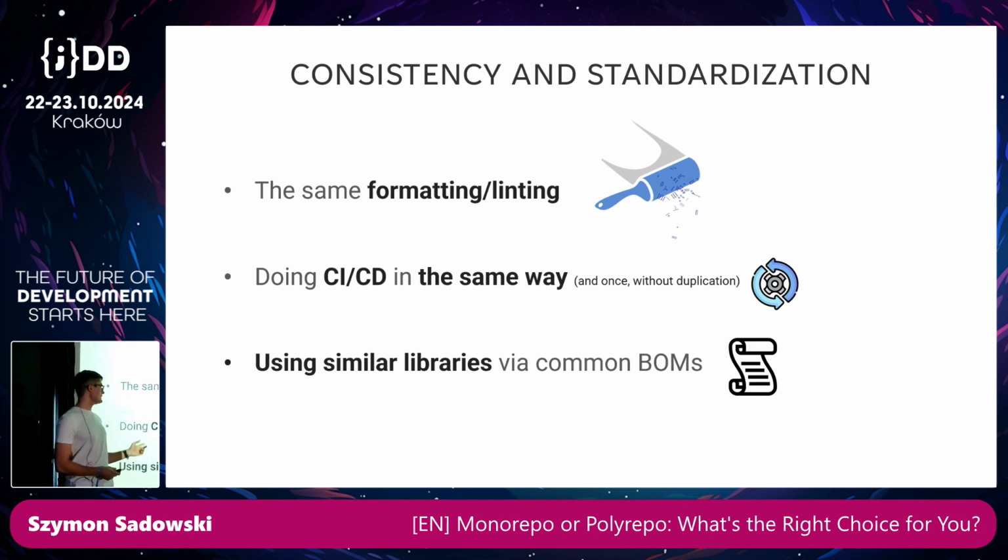Doing the CI/CD in the same way. So in this area, there is a saving of effort because we do one CI/CD solution, right? A lot of times in organizations, there are hundreds of Jenkins instances. Each team configures it on their own.